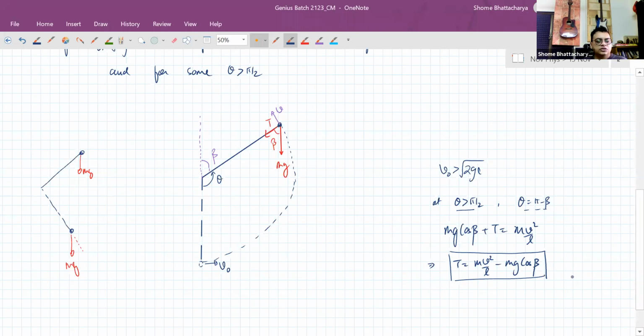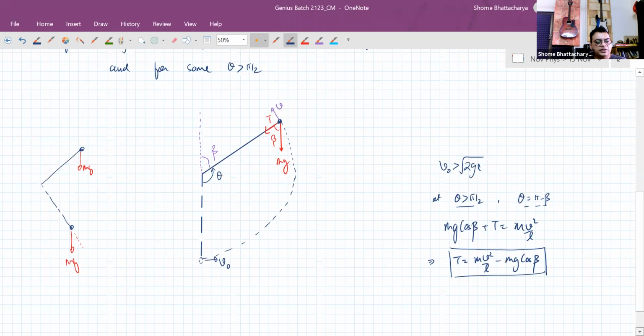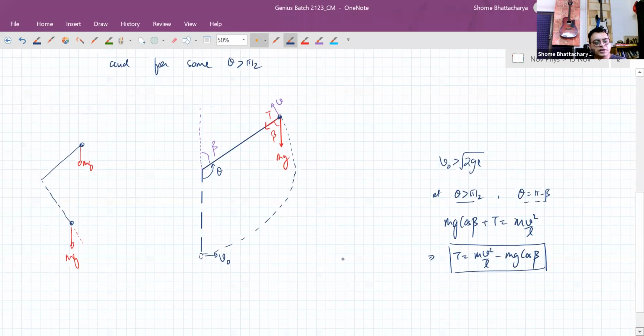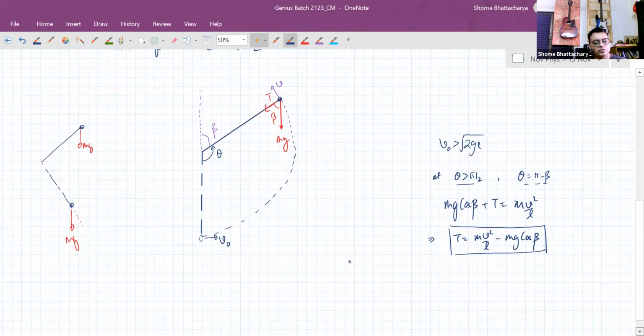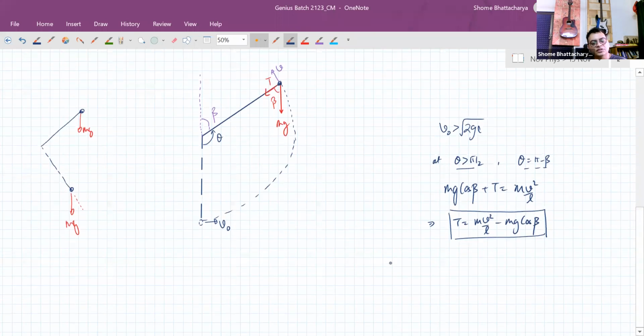Okay. So we have this equation from FBD, and also from work-energy and conservation of mechanical energy. So now we have to take this total height to compare it with the initial speed below.